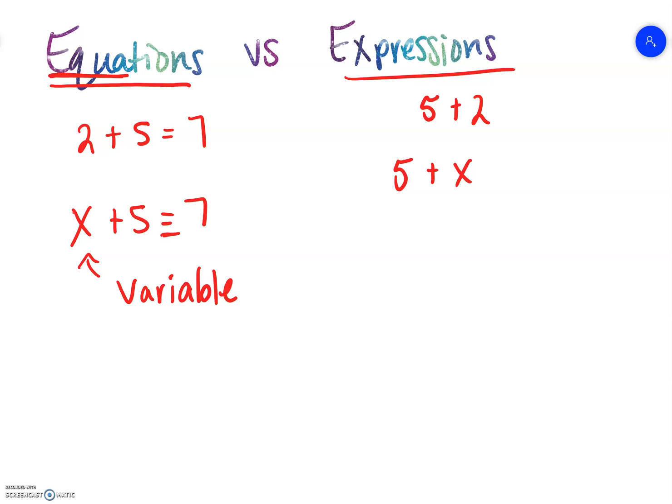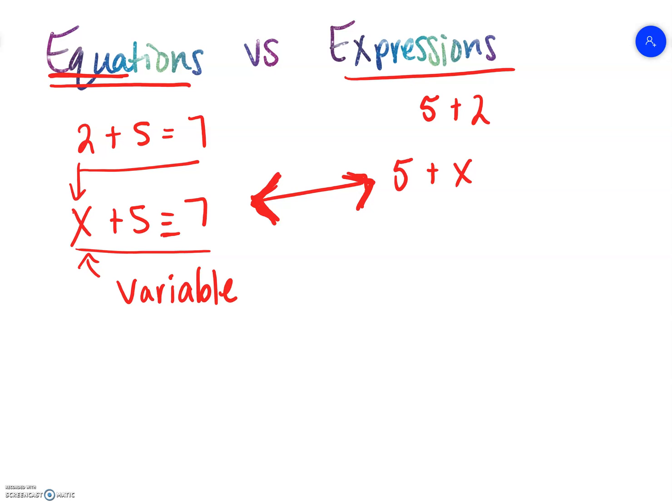So the difference between this and that is, we can figure out what x equals. We're not going to get into that specifically yet, but you could look at that and maybe you would know what x equals. If you didn't notice, I just rewrote this sentence with a variable.